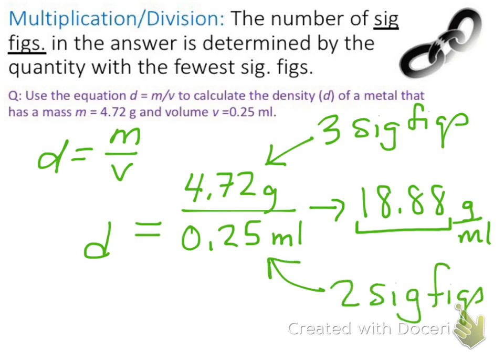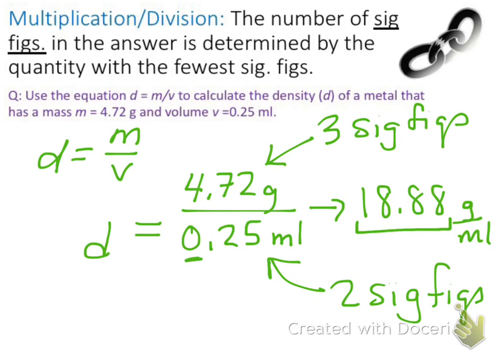You should recall that this 0 is merely a placeholder because it's to the left of the decimal point. So we have 2 sig figs and 3 sig figs. For multiplication and division, all you have to do is identify the number with the fewest number of significant figures, in this case 2. That is what you will need to round your final answer to.